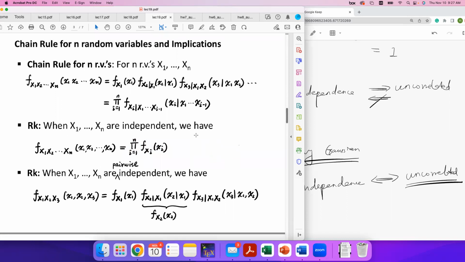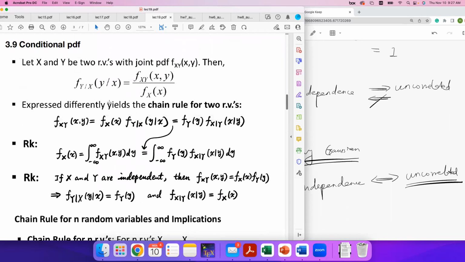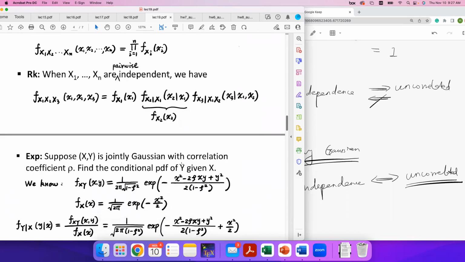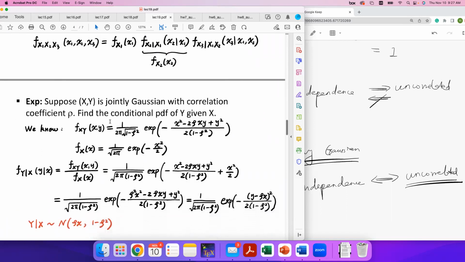Okay, so these are just some generalizations of this conditional PDF rule to multiple random variables. Yeah, but most of our examples were based on two random variables. So let's look at this one.